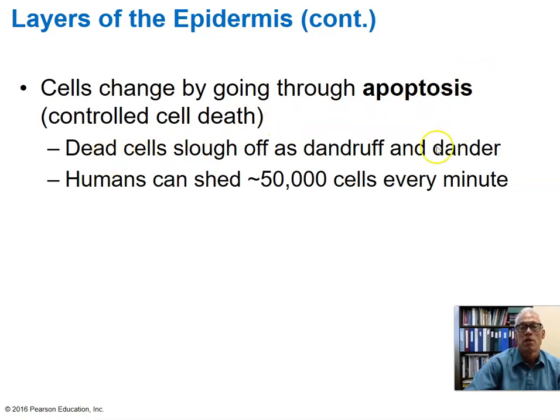The dead cells that slough off the surface, the differentiation program of the epidermis, while being very specific to the epidermis, is considered by many to be a sort of specialized version of apoptosis. So the cells are working their way towards death and dissociation from the body. So apo is the prefix, tosis, the silent P is the root word, so apoptosis, programmed cell death.